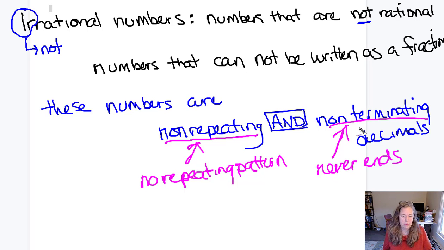The most famous irrational number is pi.